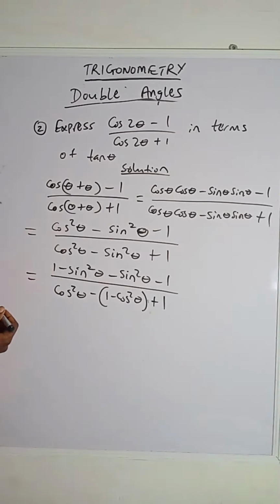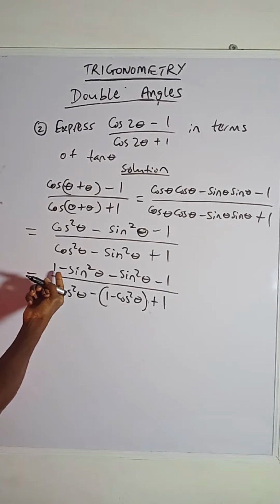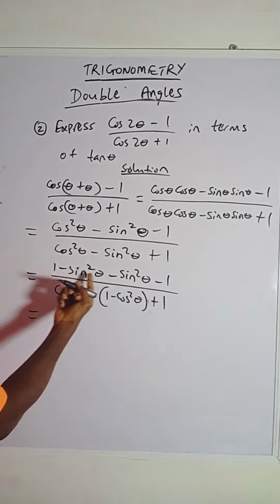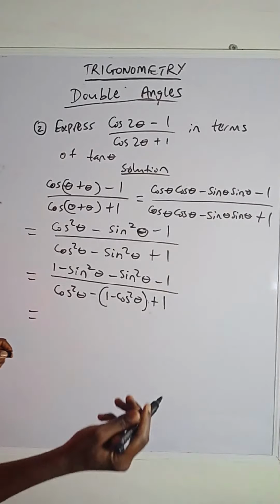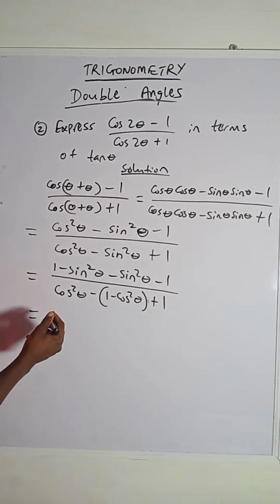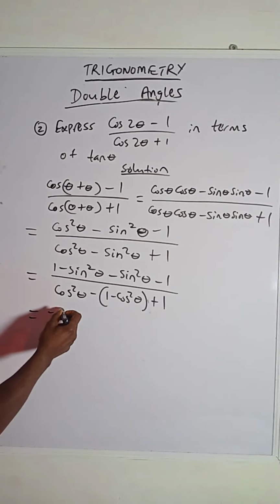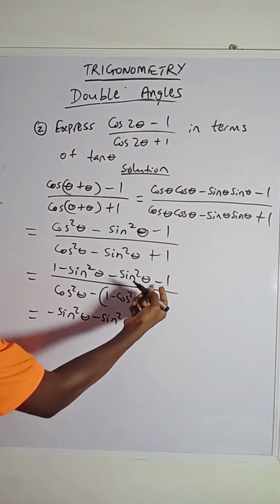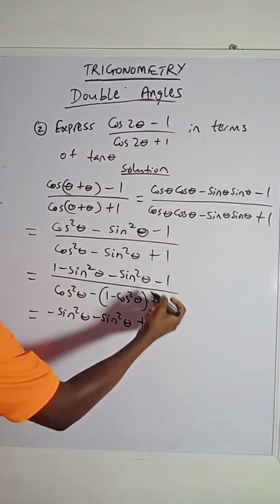Okay? So this will be equal to what? This is 1 minus 1. 1 minus 1 is 0. Okay? So we are going to have minus sine square theta plus 1, then minus 1.